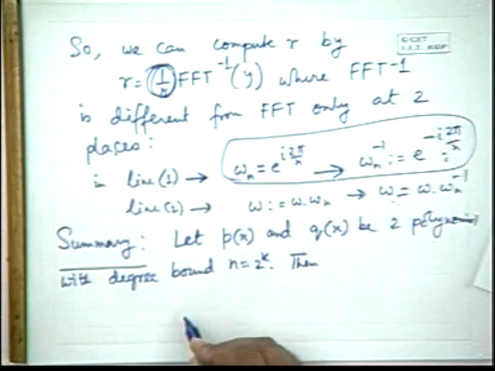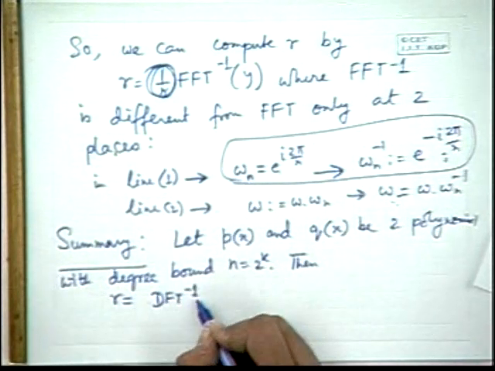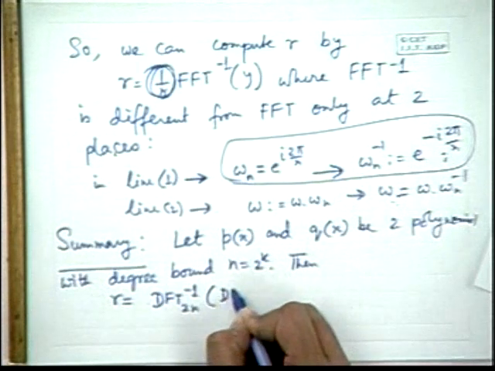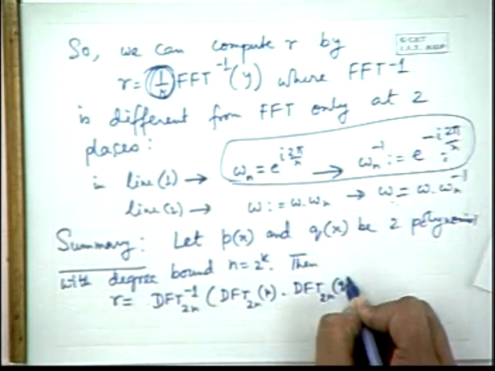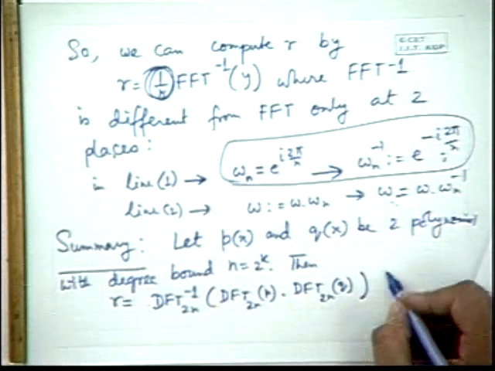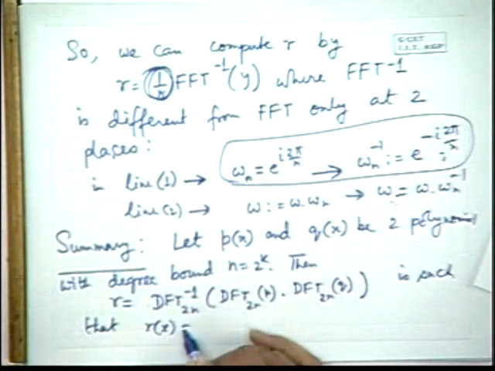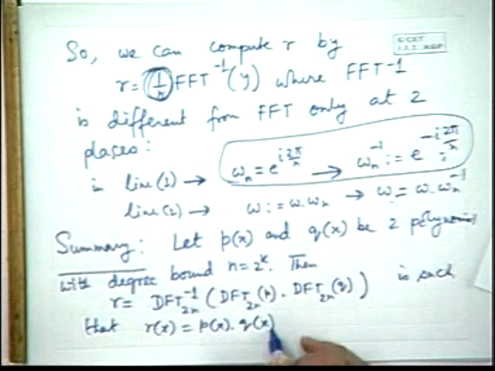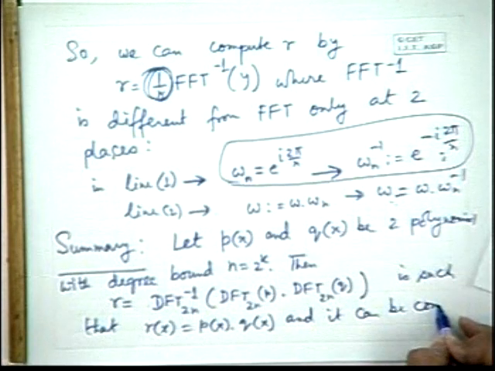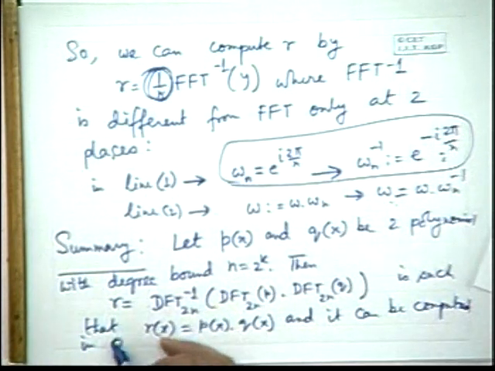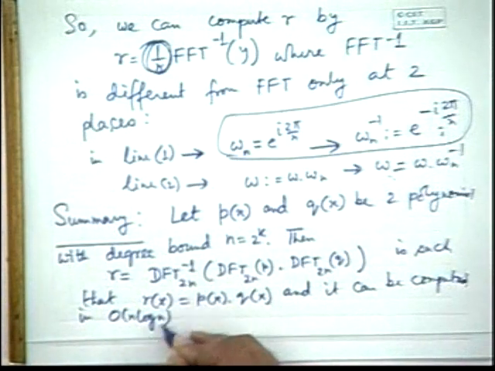Then R is equal to DFT inverse 2n of DFT 2n P times DFT 2n Q, that's it, is such that Rx is equal to Px times Qx, and it can be computed in order n log n time.